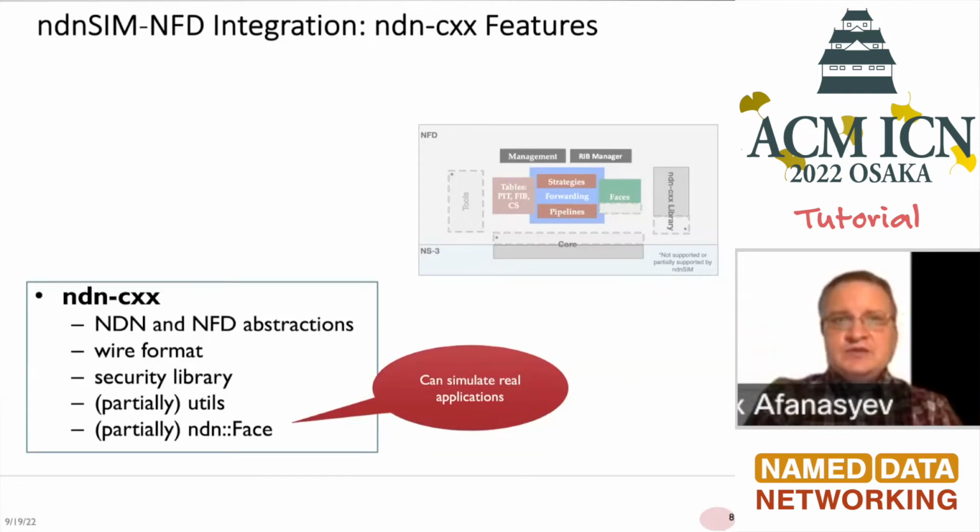If you write the application against ndnCXX and use the NDN face as part of the application process to express interests, publish data, and register prefixes, then all those routines that happen in the real NDN face would be seamlessly transferred to the NS3-related routines, and everything will mostly work.